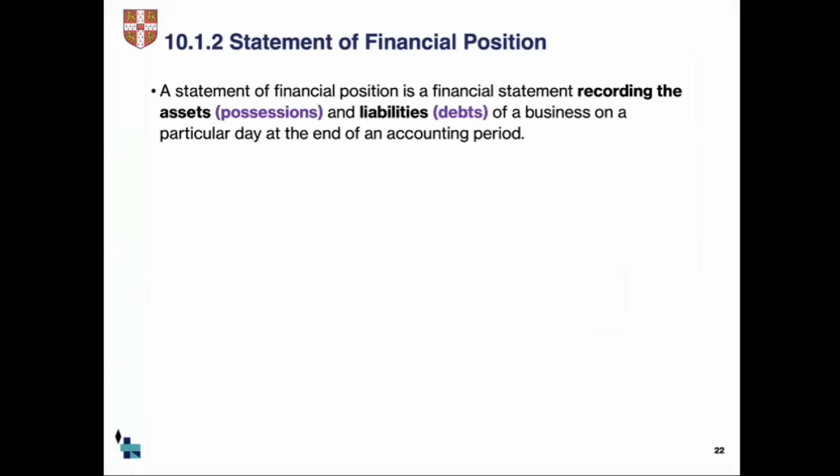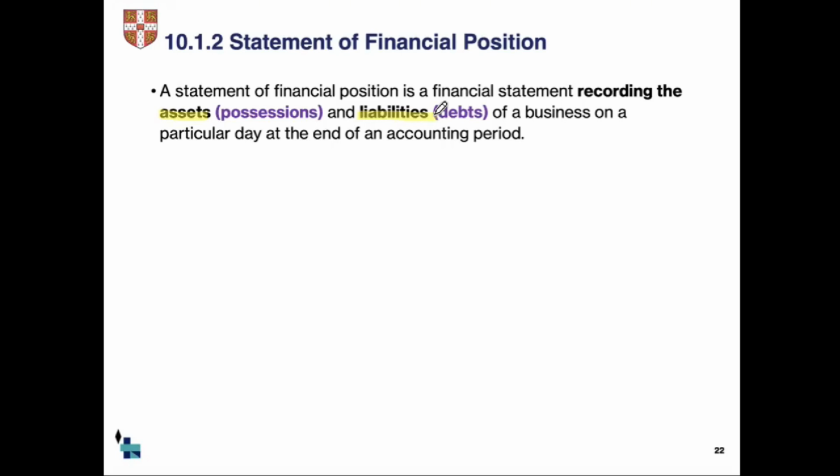A statement of financial position is a financial statement, obviously, which records the assets and the liabilities of a business on a particular day at the end of an accounting period.